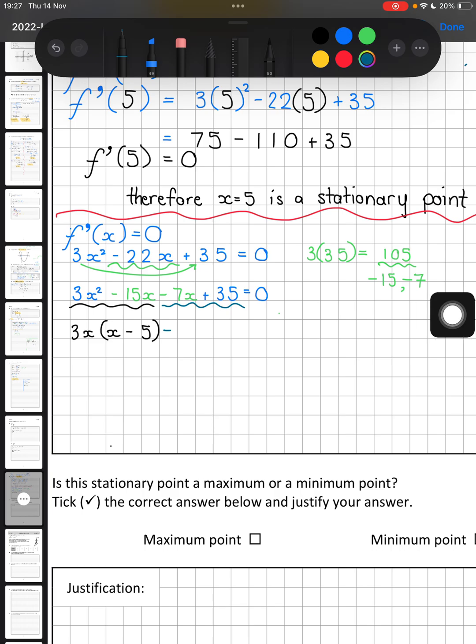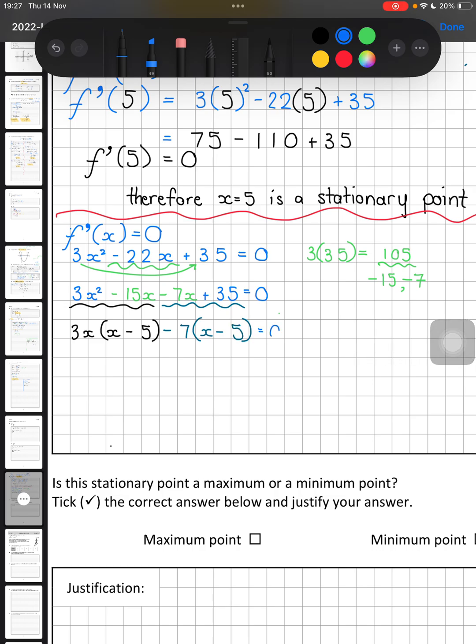They have a 7 in common. So I'm going to take out a 7 and open up brackets and say, what does minus 7 have to multiply by to give me a minus 7x? It has to multiply by an x. And what does minus 7 have to multiply by to get me to plus 35? A minus by what gives me a plus? It's a minus. And 7 by what gives me 35? It's a 5.